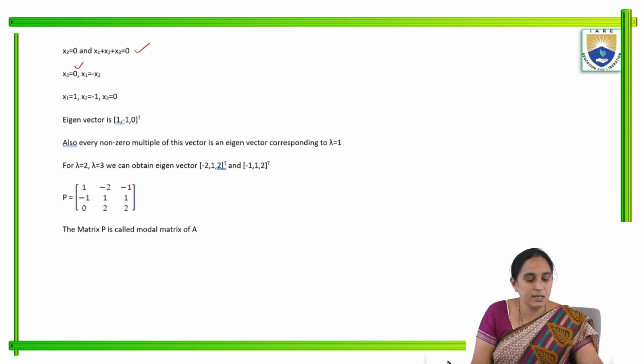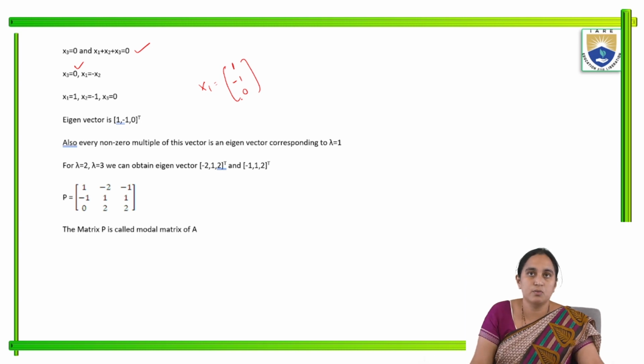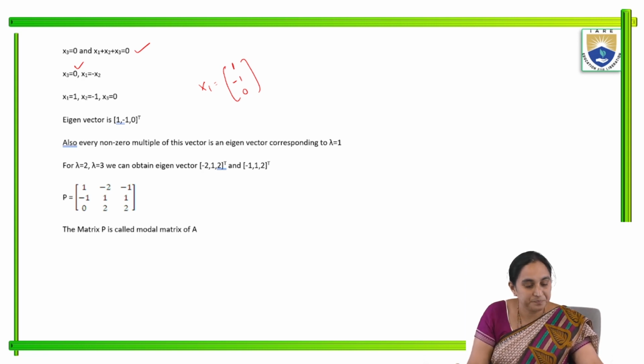Therefore, the eigenvector x1 is equal to what? x1 as 1, x2 as -1 and x3 as 0. Therefore, (1, -1, 0) is the first eigenvector if lambda is equal to 1.